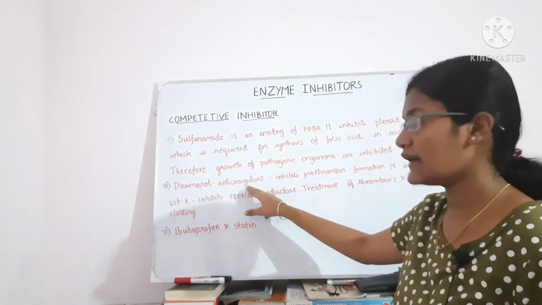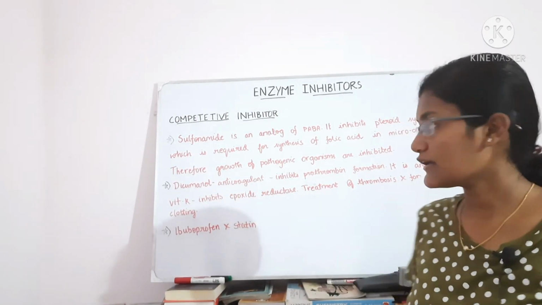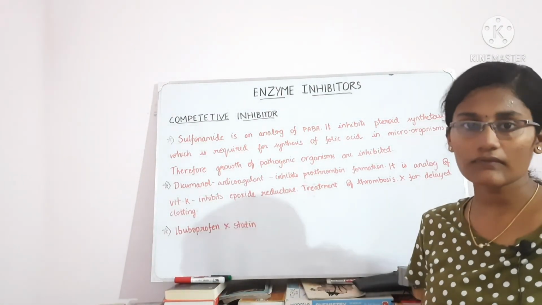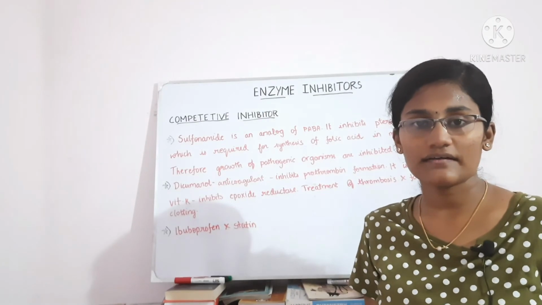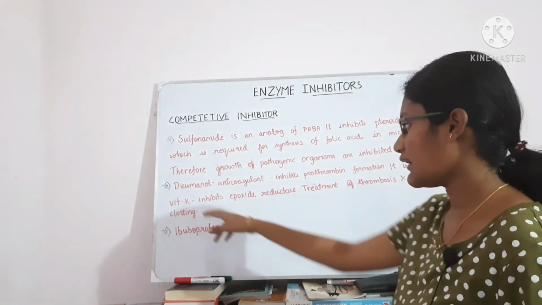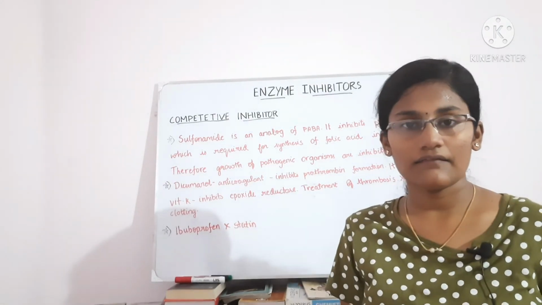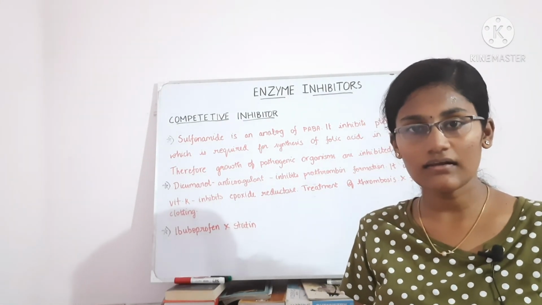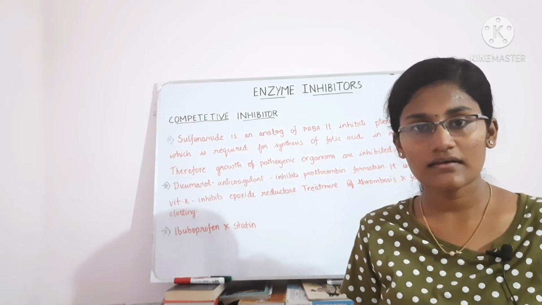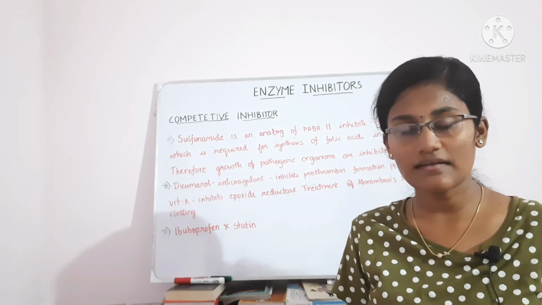The next example is dicumarol. Dicumarol is actually an anticoagulant, and dicumarol is a structural analog of vitamin K. Actually in the hepatic cycle of vitamin K, there is an enzyme called epoxide reductase, and vitamin K inhibits this enzyme.